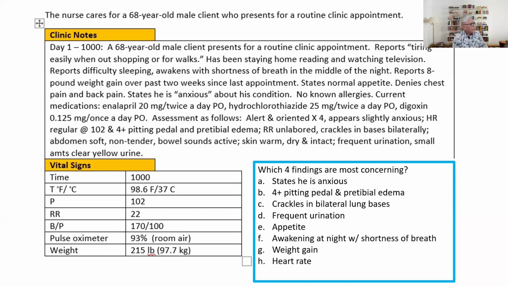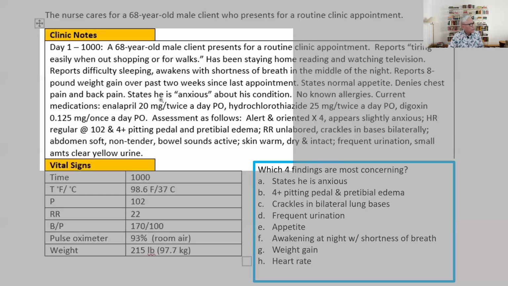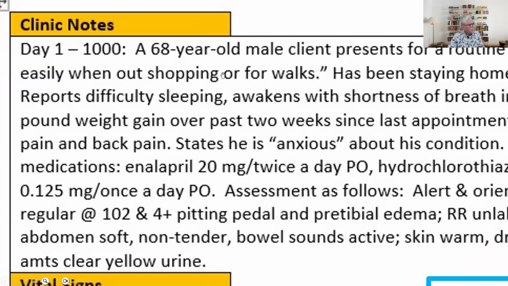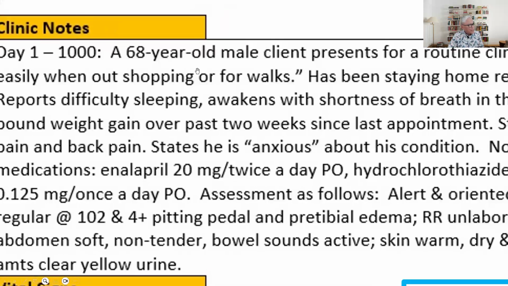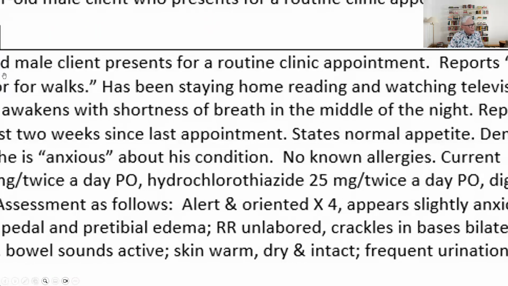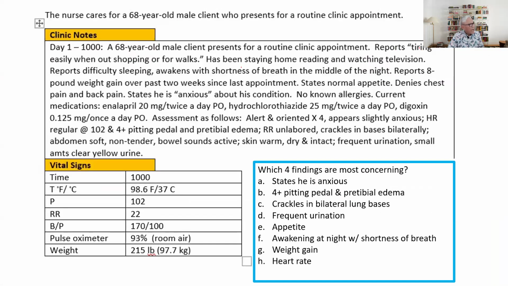So the nurse cares for a 68-year-old male client who presents for a routine clinic appointment. I'm going to magnify this so that you can read it. Day 1, a 68-year-old male client presents for a routine clinic appointment, reports tiring easily when out shopping or walking.